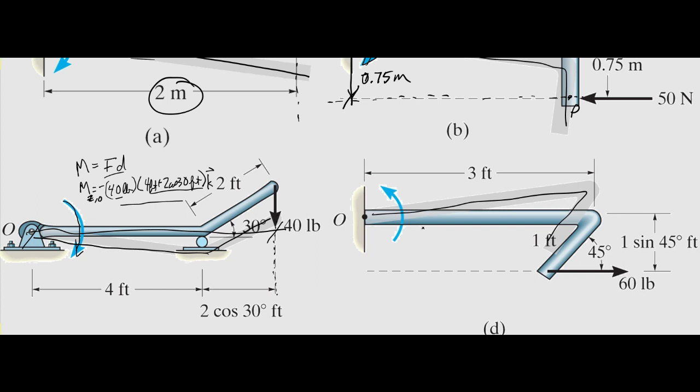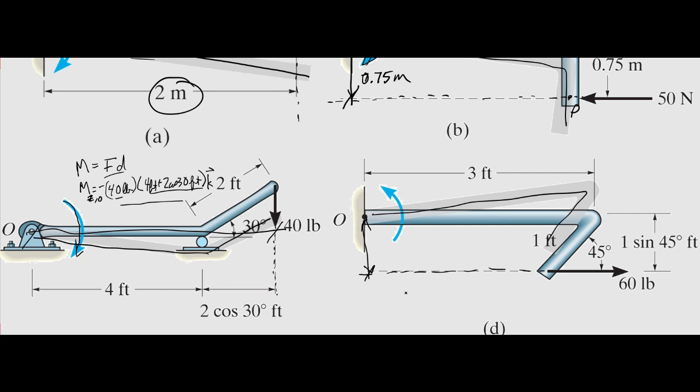Now to know this one, we want to see what is the distance from point O to the force line of action. So here we have again the force line of action, the 60-pound load, and we want to know this distance from point O to the force line of action. So this is already given to us as 1 sine 45 degrees times feet, and that's how you begin to calculate the moment.